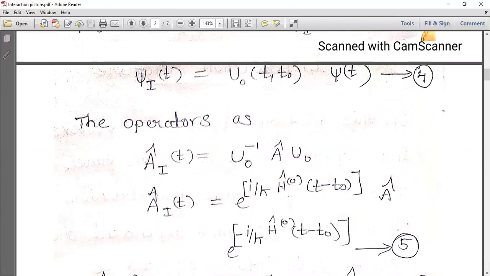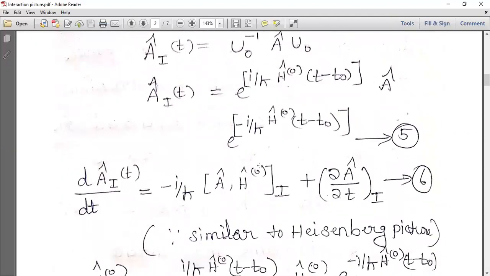With U naught inverse, we can write using the unitary transformation in this way. The same as in the Heisenberg picture, we write the exponential terms, and if we do the calculation the same way as in the Heisenberg picture, we get equation number 6.